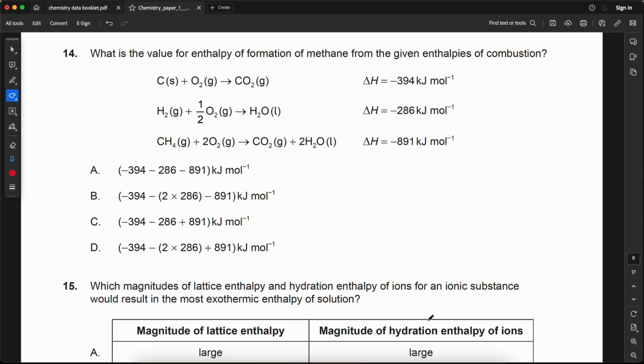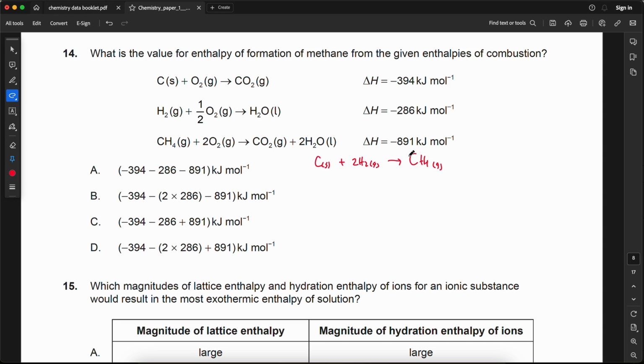What is the value for the enthalpy of formation of methane from the given enthalpies of combustion? So for the enthalpies of combustion given, we need to know the enthalpy of formation of CH4, which is C(s) plus 2H2 produces CH4.